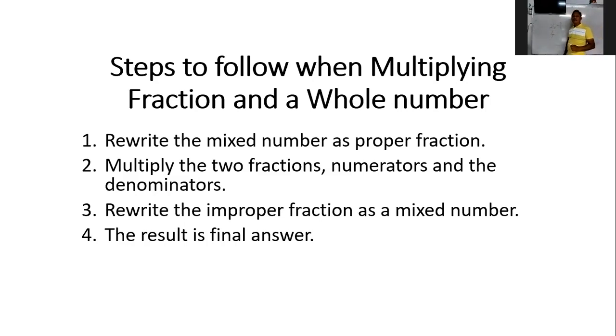Okay? Then we have to multiply 11 times 3. So 11 times 3 is what? 33. Then we have 5 times 4 equals 20. Then we divide 33 by 20. So how many 20 in 33?